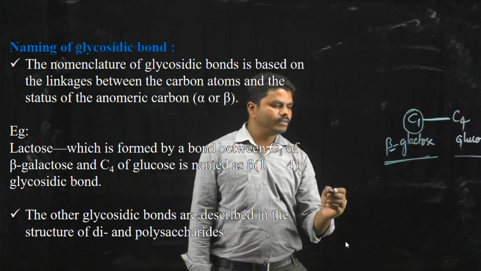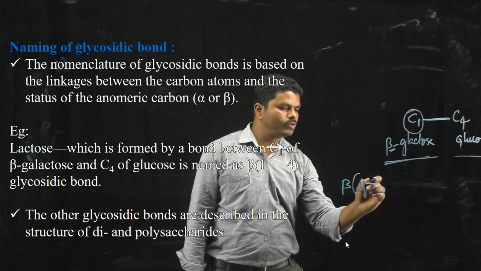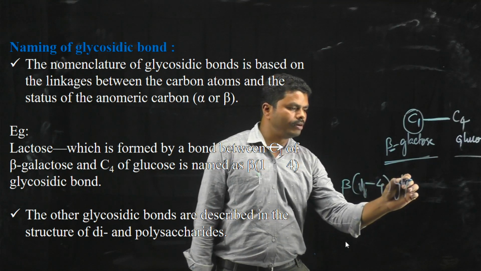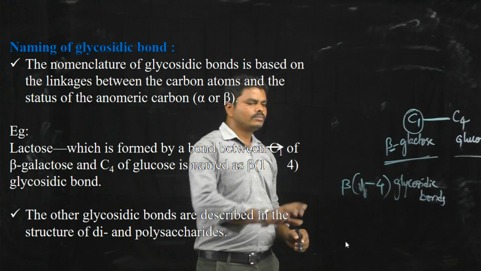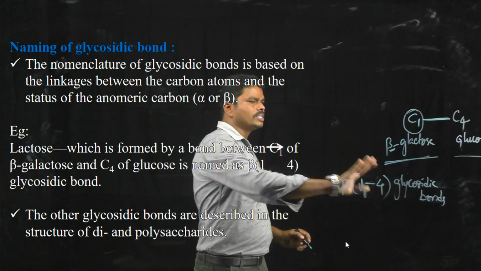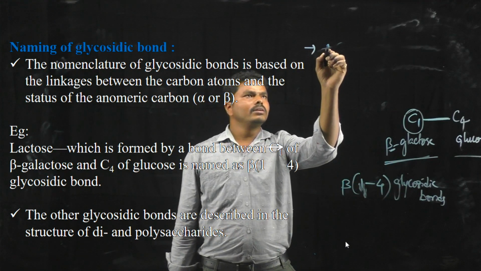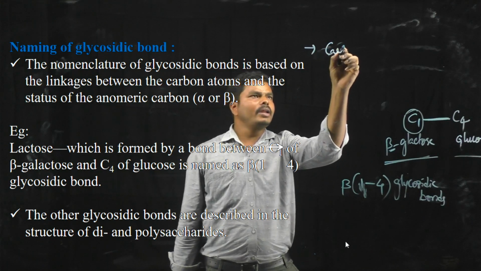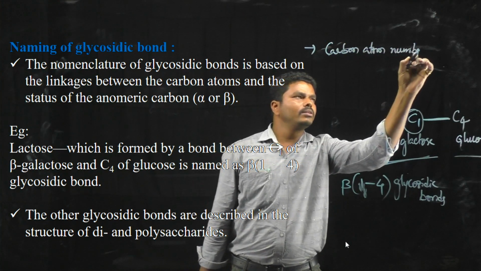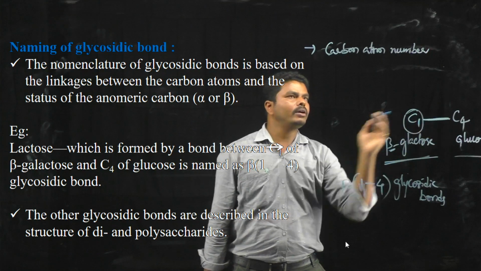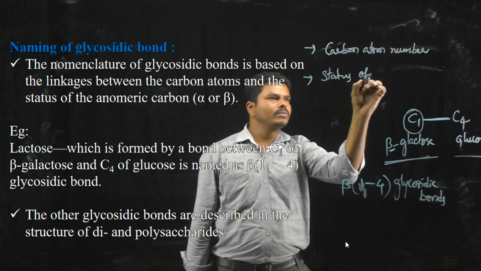So for that reason, it is named as beta 1,4 glycosidic bond. That means the nomenclature of the glycosidic bond present in a glycoside depends upon the carbon atom numbers which are involved in the glycosidic bond, as well as the status of the anomeric carbon.